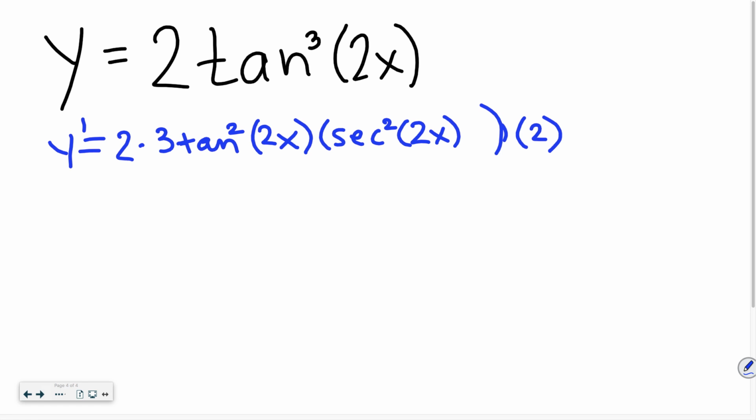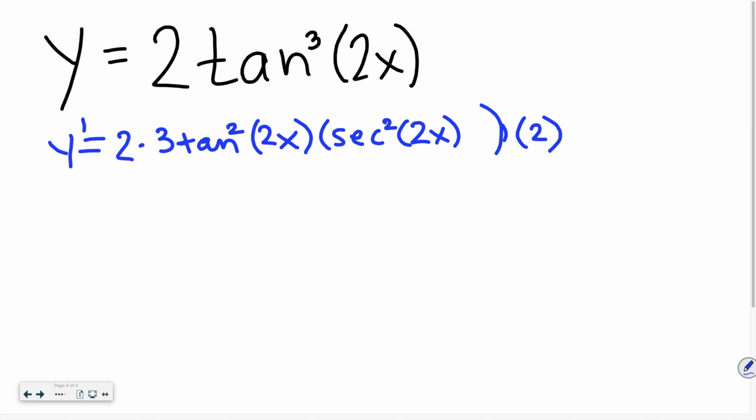So since the derivative of tangent is secant squared, we have tangent squared. Why doesn't that change? I don't know if I'm understanding your question. Can you ask that again? Yeah, so our tangent is squared, but the derivative of tangent is secant squared. Yes. But we have tangent squared. Right.